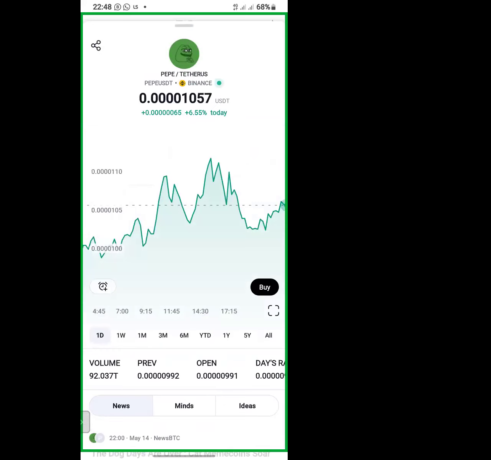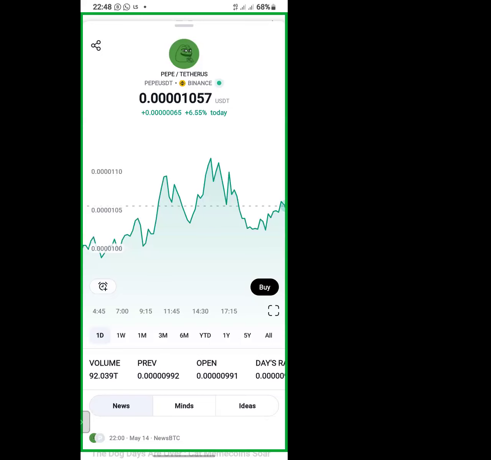On that coin, you're given this chart, which is a semi chart, not a full one. So you have to maximize it, but before you maximize it, you can look at its ranges, the way it has been moving, the time frames, from months to years.